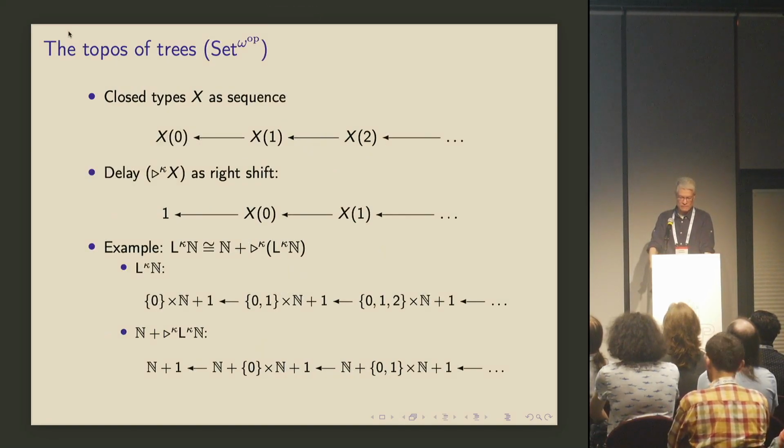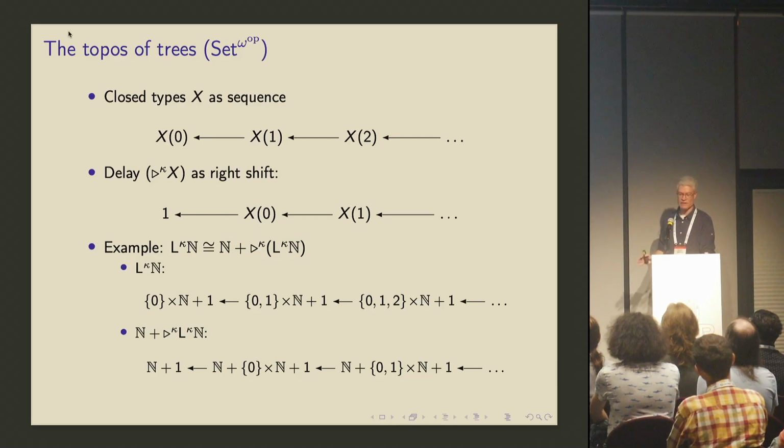Okay, and so I'll be presenting the language here for reasoning. I think it's nice to also be familiar, for intuitions at least, with the standard model, which is the topos of trees. So I'll just present that very briefly. I think it's helpful to have these intuitions of what in particular later means.